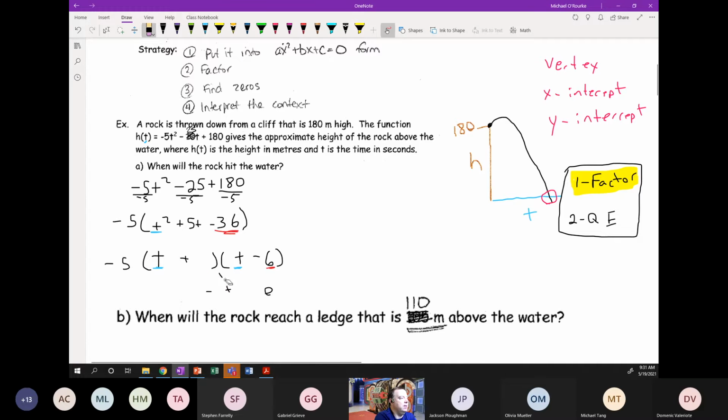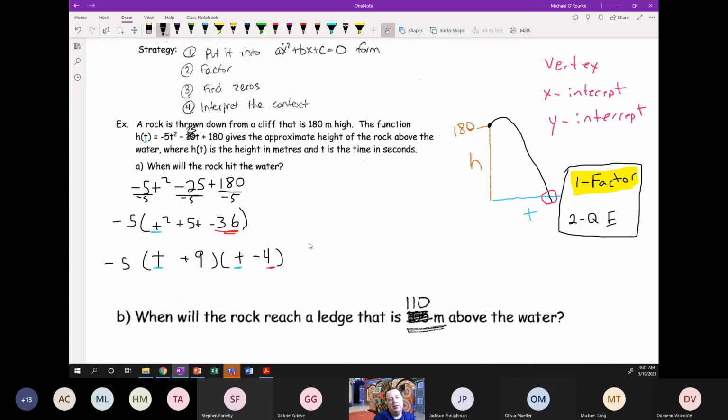So it's not 6 and 6. What numbers do we have? 9 and negative 4. Because 9 times negative 4 equals negative 36, and 9 plus negative 4 equals 5. So those are our factors.